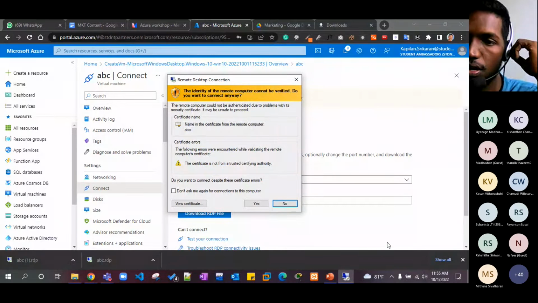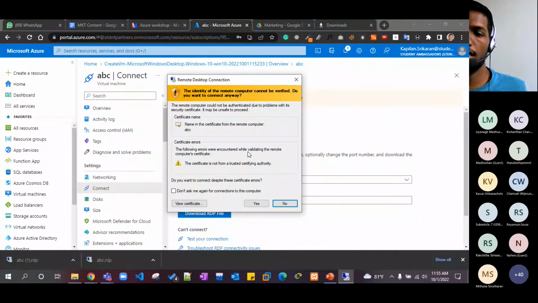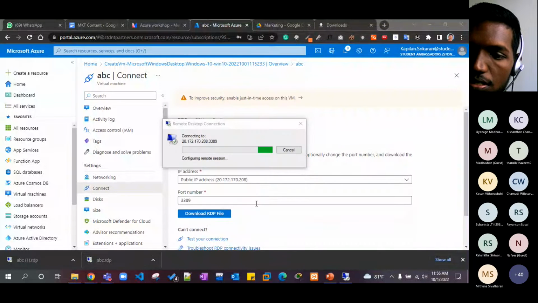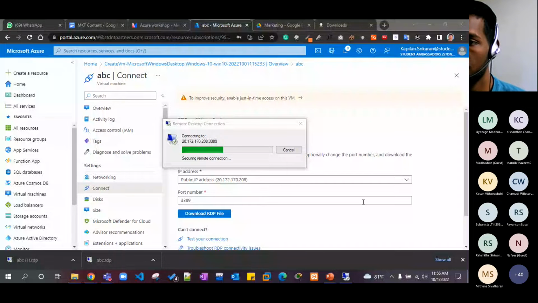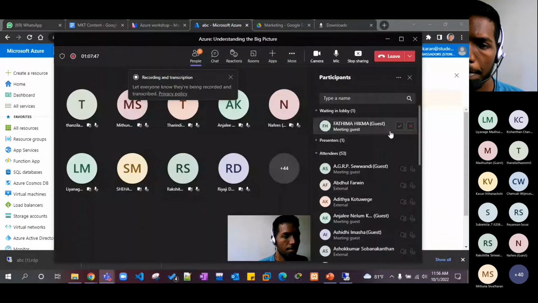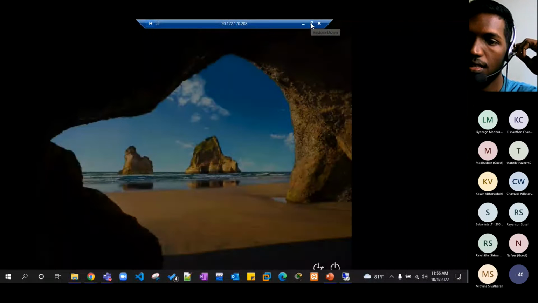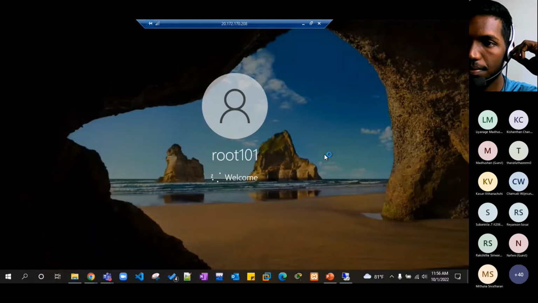Okay, when you are connecting, you can get the certificate verification. After that, you can see Windows is loading.